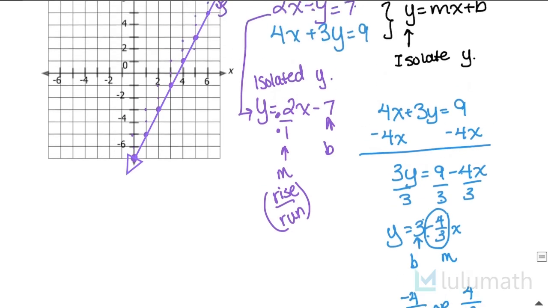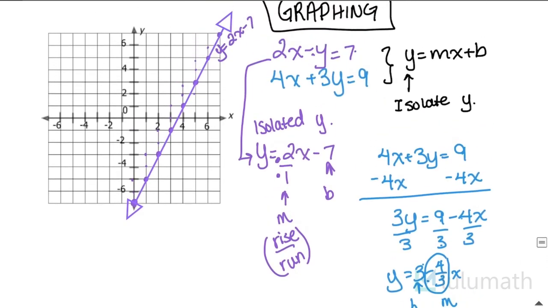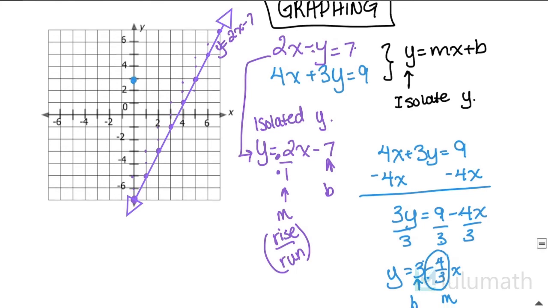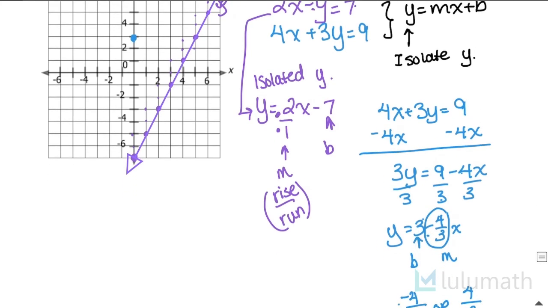Okay, so I'm going to go ahead and start graphing out my line. So it starts at 3, and then I'm going to look at -4 over +3. So that means I'm going to go down 4, 1, 2, 3, 4, and to the right 3, 1, 2, 3. Okay, and then I'll go down 4, and to the right 3.